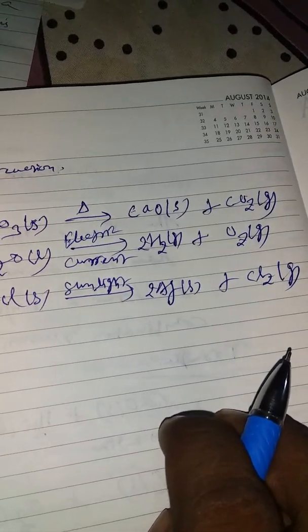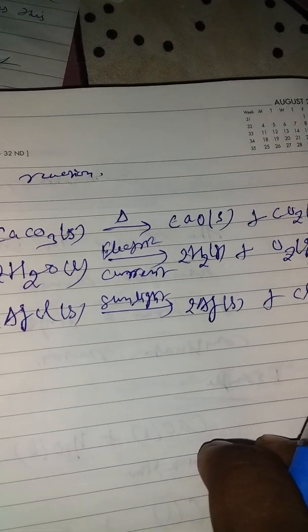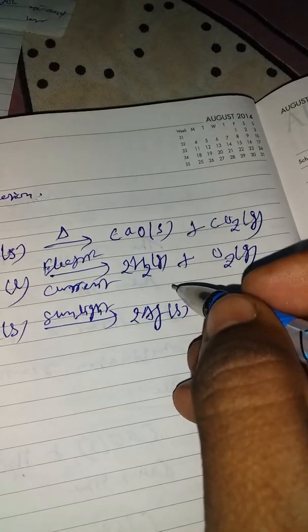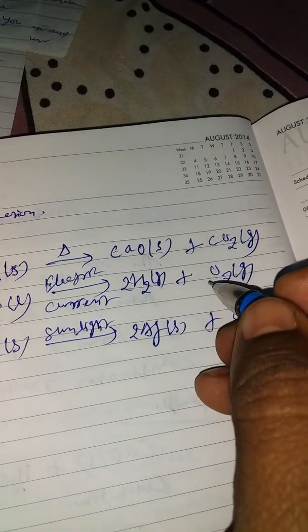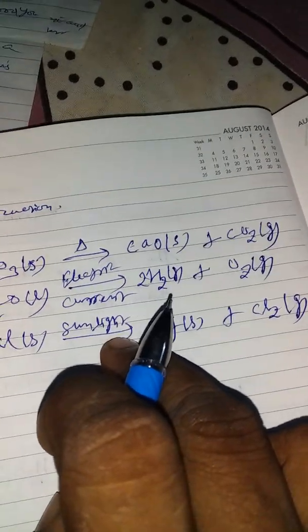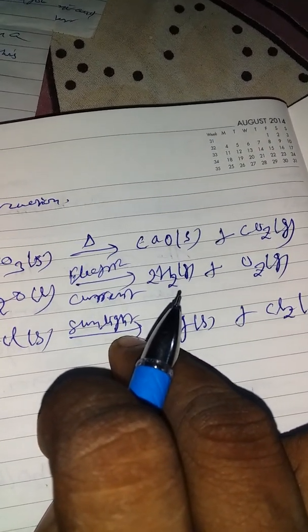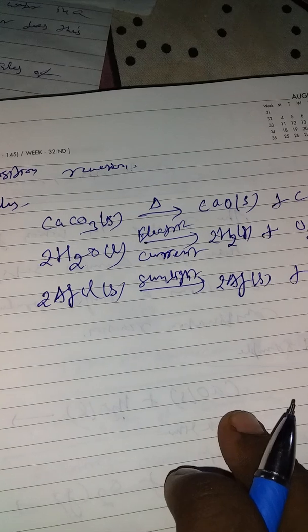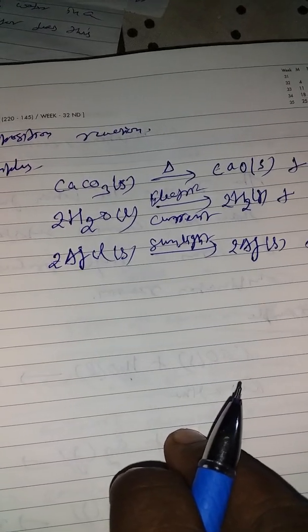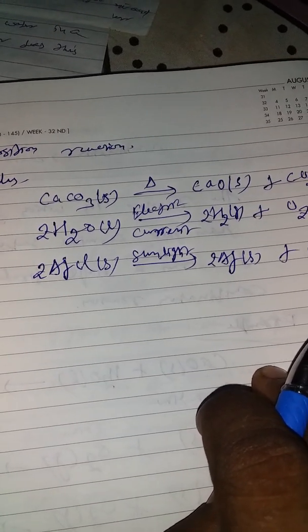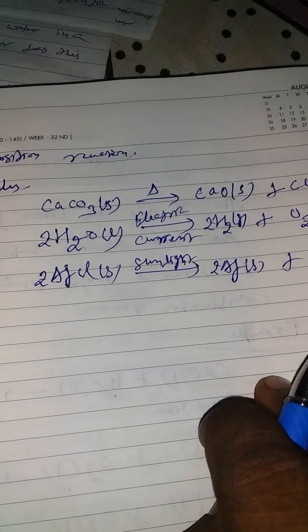In this chemical reaction we see that a single substance splits up into two simpler parts, either in the presence of heat, electric current, or sunlight. That means our conclusion is that in decomposition reaction we require energy in the form of heat, electric current, or sunlight.